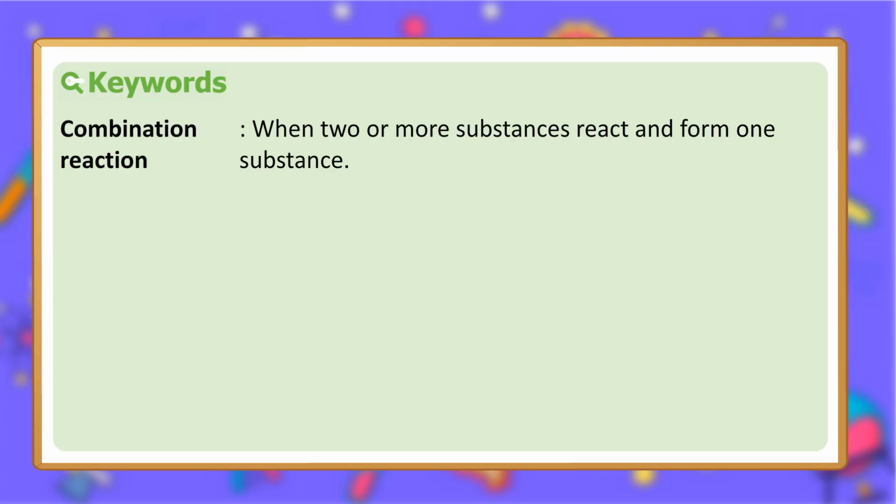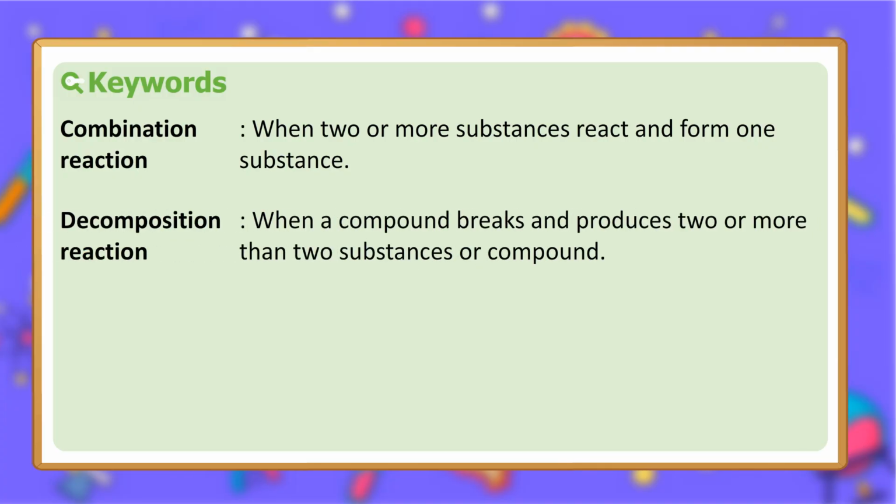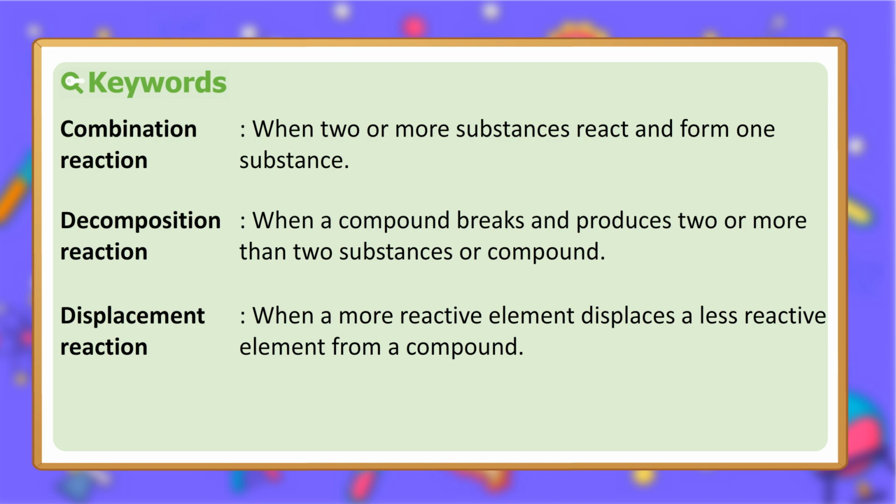Combination reaction: when two or more substances react and form one substance. Decomposition reaction: when a compound breaks and produces two or more substances or compounds. Displacement reaction: when a more reactive element displaces a less reactive element from a compound.